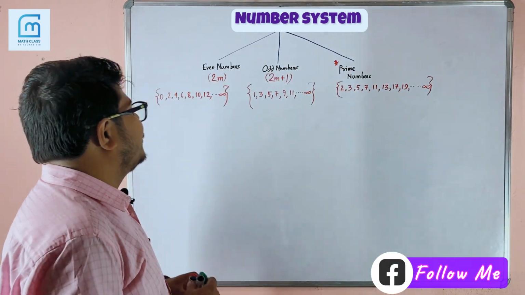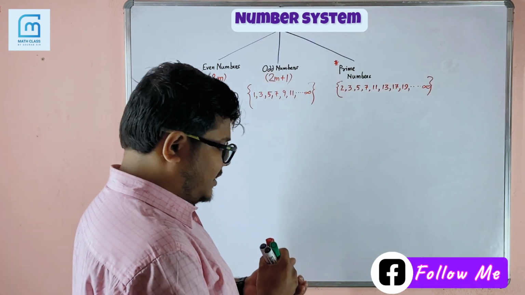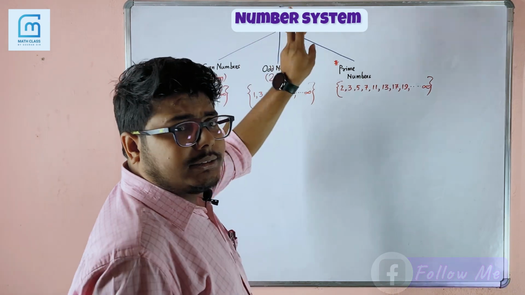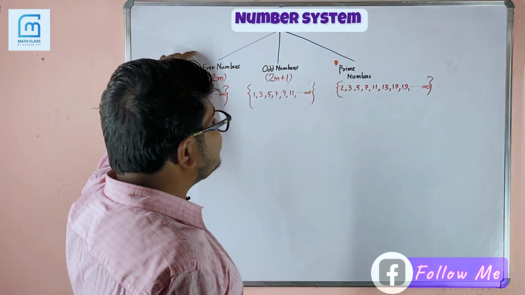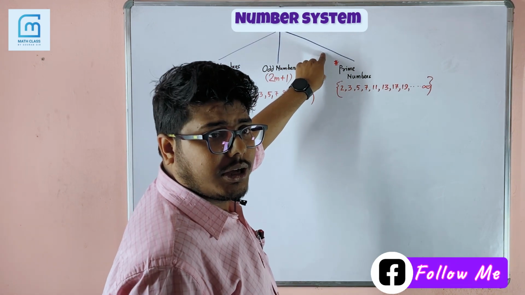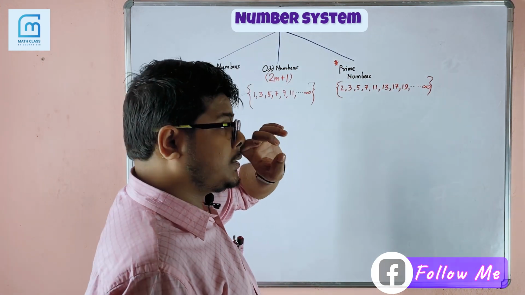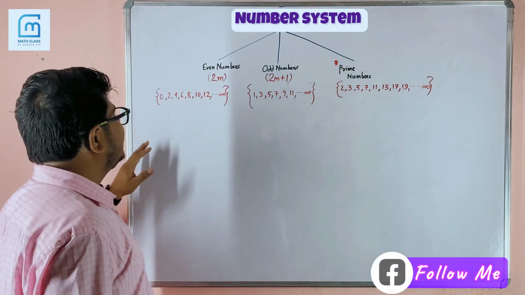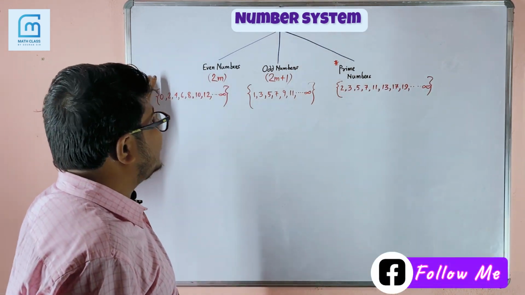Okay. So from childhood we have already known that the number system is in three parts, that is even numbers, odd numbers and prime numbers. And there is another number set, that is composite numbers. We will discuss it sometime later. First of all, you have to know about the even numbers.